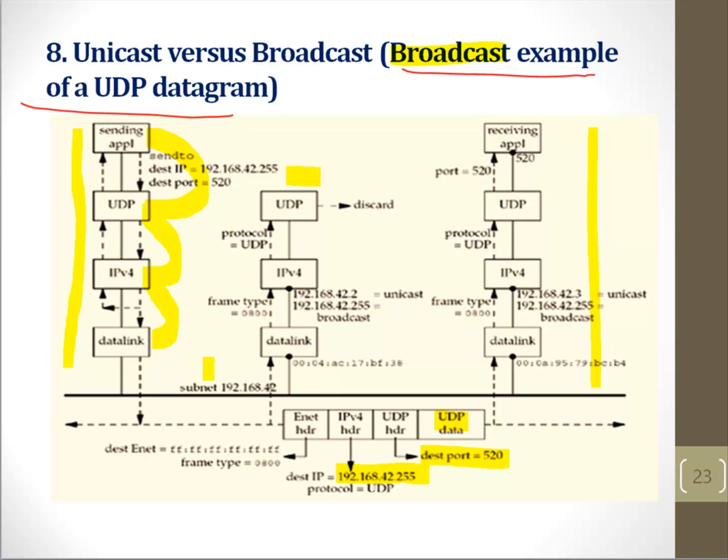The next layer is the data link layer. Here we have to include the MAC address, and it is going to be a broadcast MAC address. What is a broadcast MAC address?